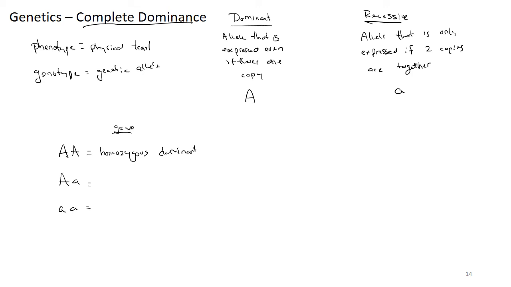In this case down here, we'd call this heterozygous. We don't have to say heterozygous dominant or recessive because we know it means one big, one small. And what's going to win? Dominant always wins. Because if dominant is paired with a recessive, the dominant always shines through to some degree, to some capacity. And then we have little a, which is going to be homozygous recessive.